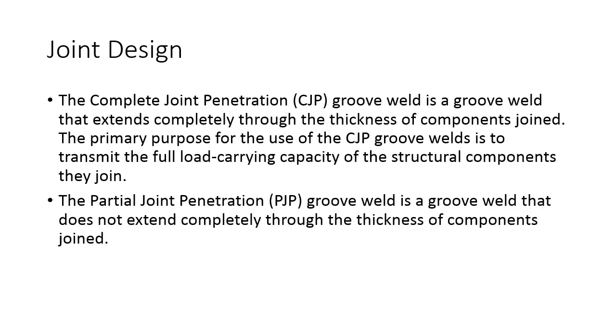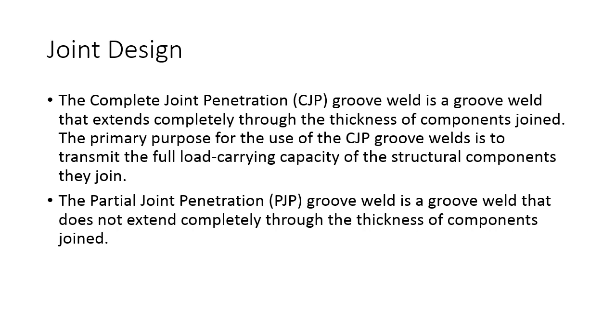Joint design. When you're doing a pre-qualified weld procedure, you have to follow the joint design. There are pages and pages of different examples of pre-qualified joints and partial penetration joints. The complete joint penetration CJP groove weld is a groove weld that extends completely through the thickness of components joined.